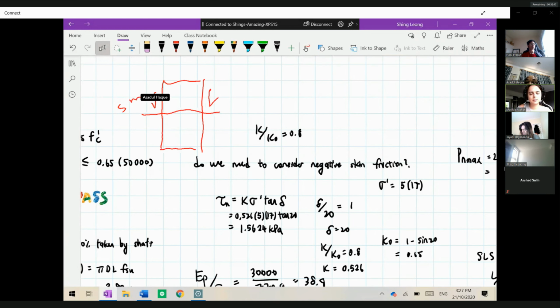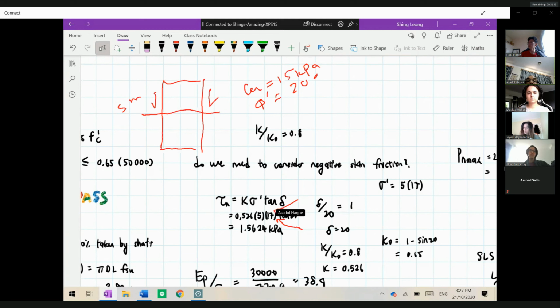We have given the soil cu value, cu 15 kPa, and phi dash is given as a 20 degree friction angle, and we also gave you the sigma dash value. I think we can look at that one carefully. I will emphasize it a little bit over here.